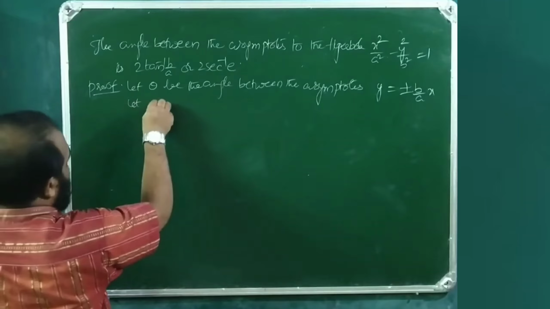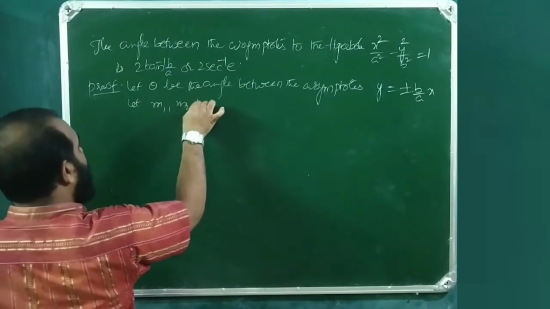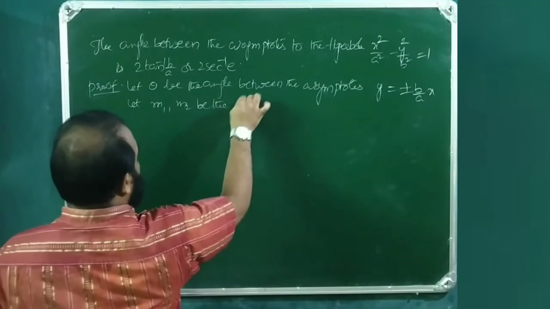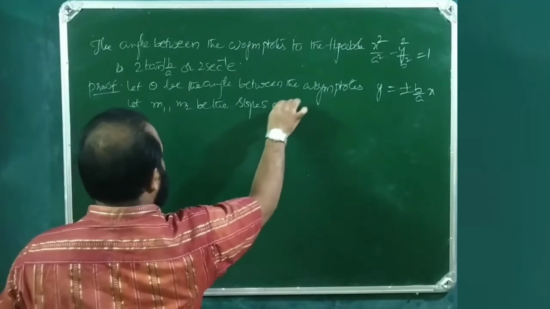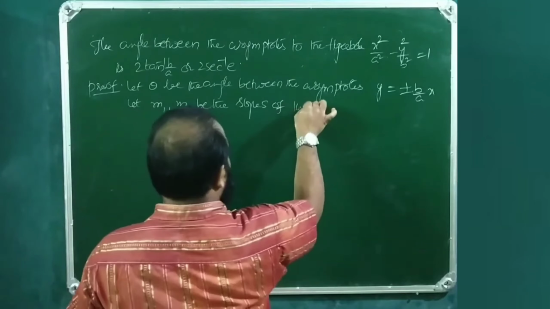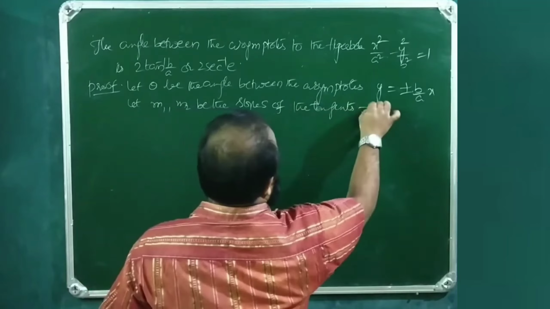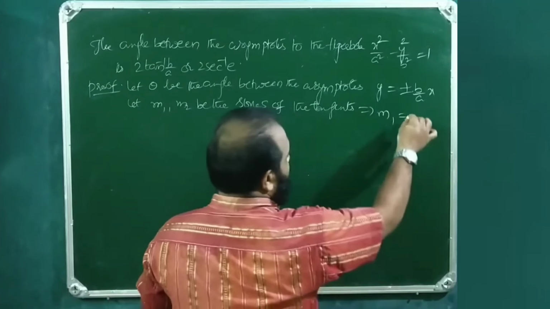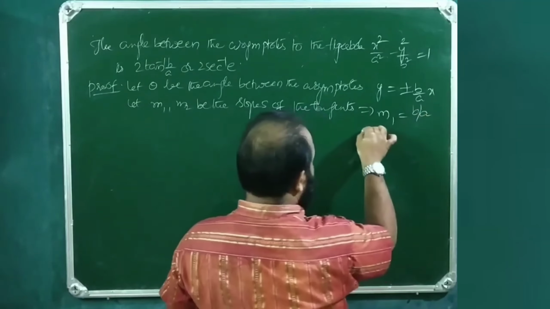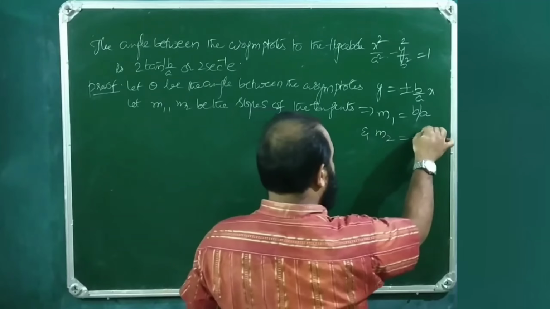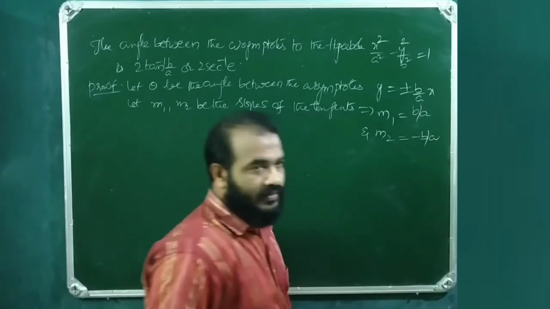Let m1, m2 be the slopes of the lines. m1 is equals to b by a and m2 is equals to minus b by a.